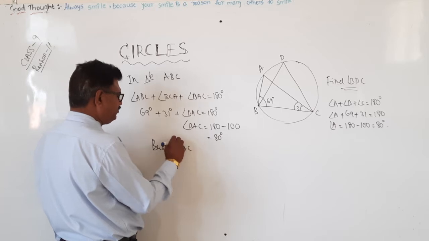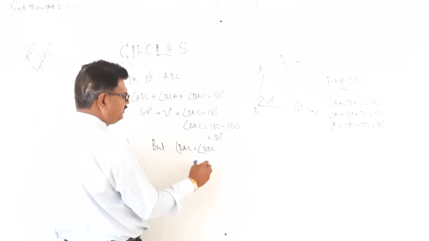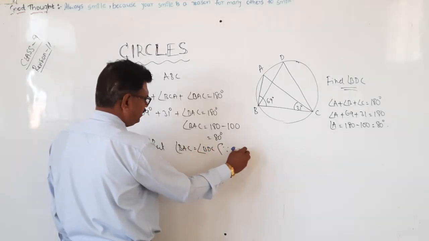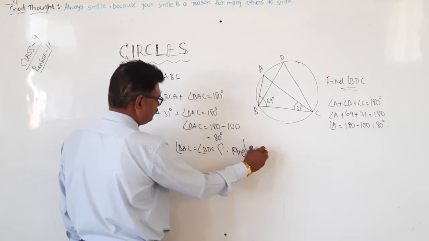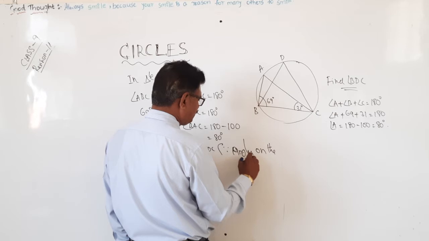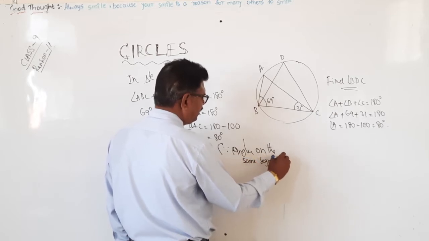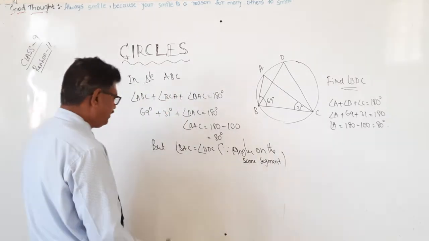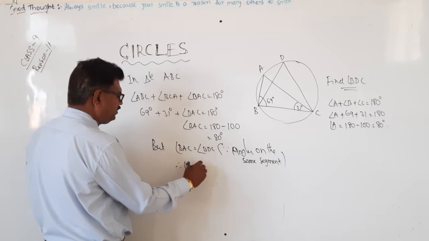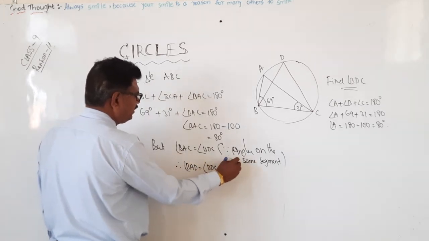Angle BAC is equal to angle BDC because angles on the same segment. Therefore, angle BAC is equal to angle BDC, which is equal to 80 degrees.